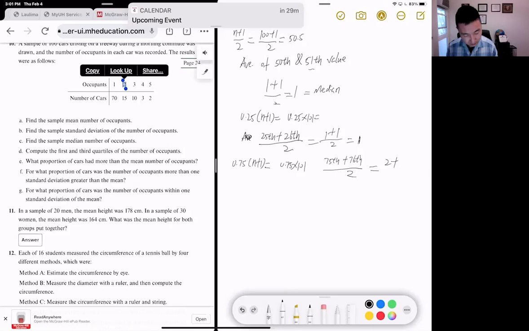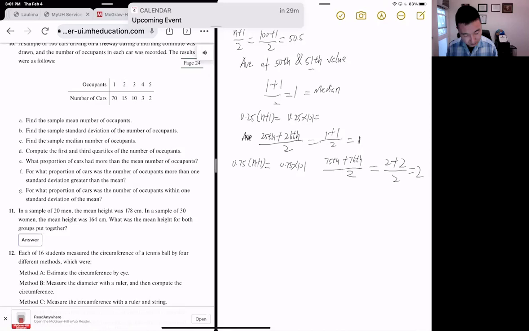So 2 plus 2 divided by 2 is 2. As long as you understand what the question is asking, you can use the corresponding equation to figure out the number.